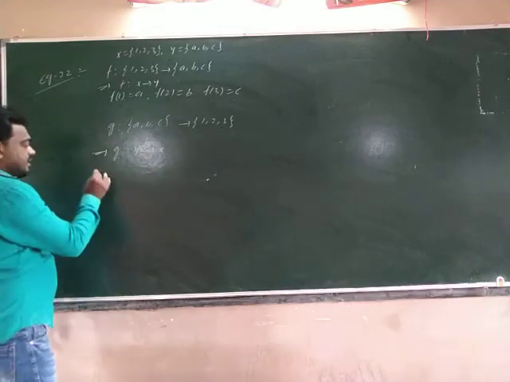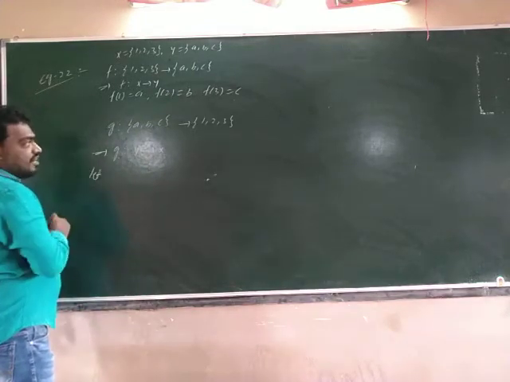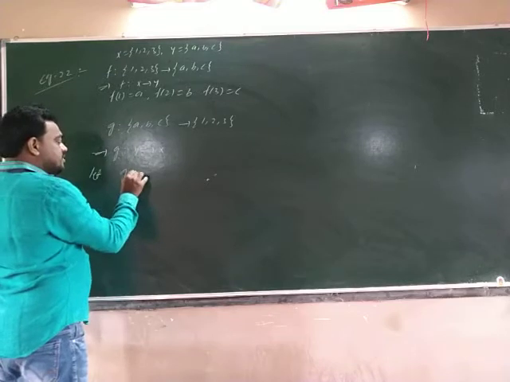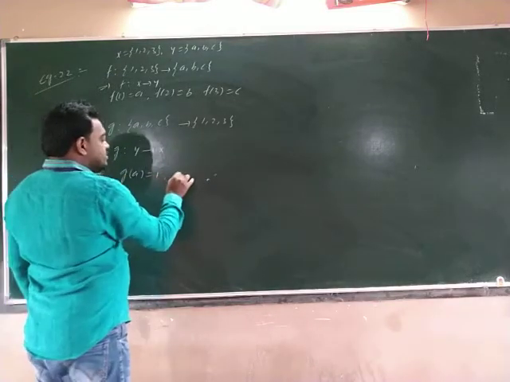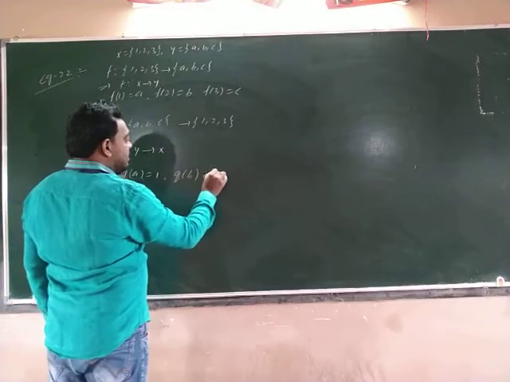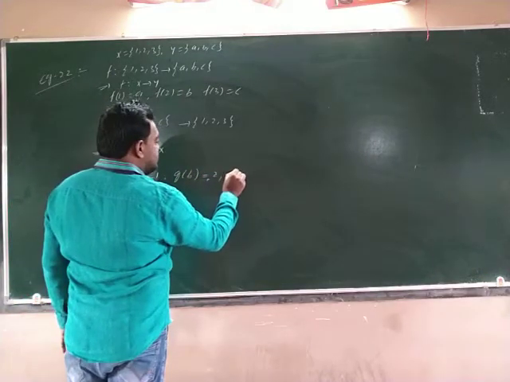Next, I am assuming g of a is equal to 1, b related to 2, c related to 3.